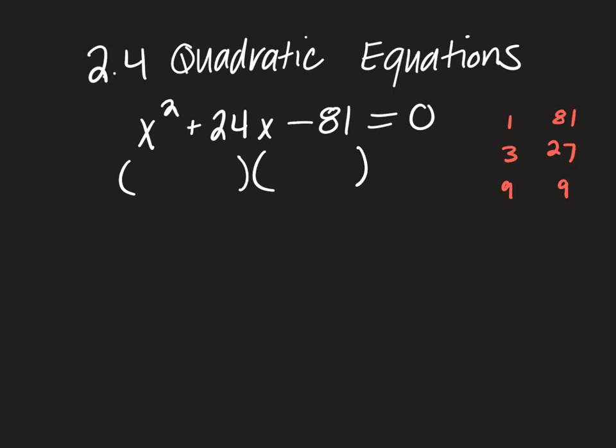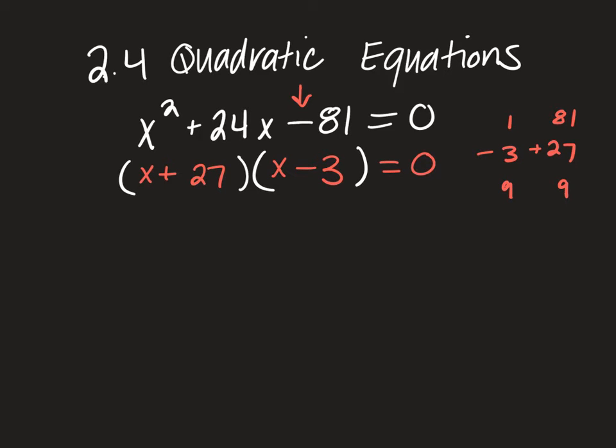So this sign here, again, tells us we need one of each sign, or two different signs. So we'll have to have a -3 and +27. That means our two factors are x plus 27 and x minus 3.